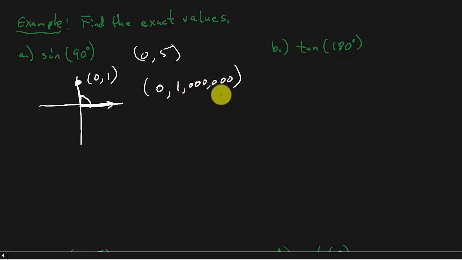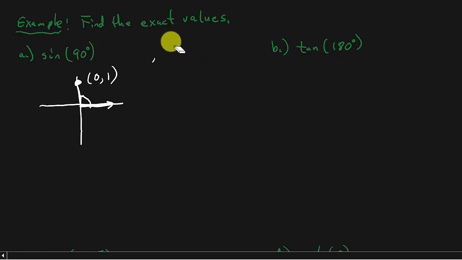I could use the point 0, 1 million if I wanted to, and I would get the same answers. I can use any point on the y-axis that's above the x-axis. Okay? Any point from here, well, of course I can't use 0, 0, but any point above 0, 0 that's on the y-axis.